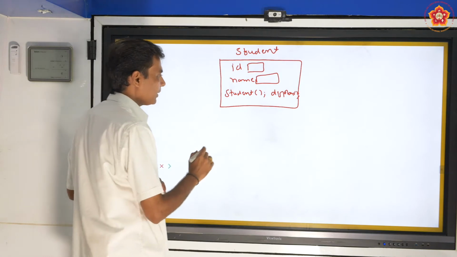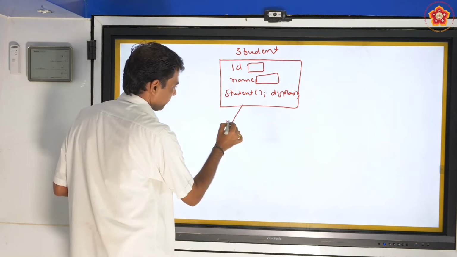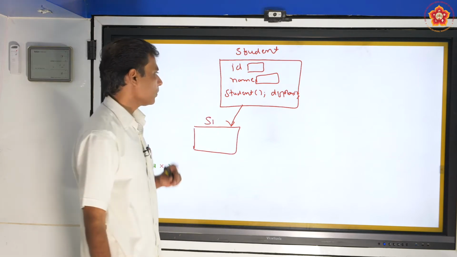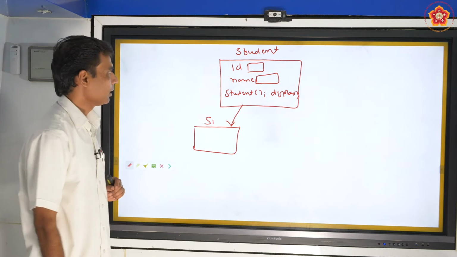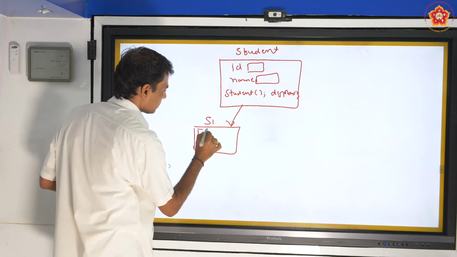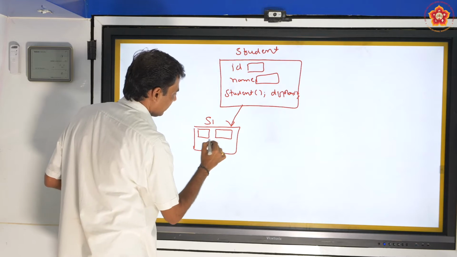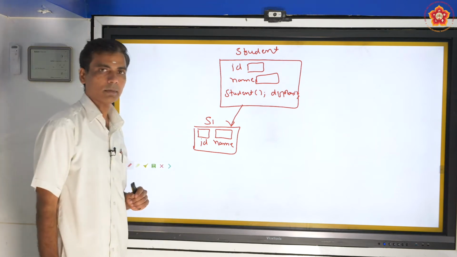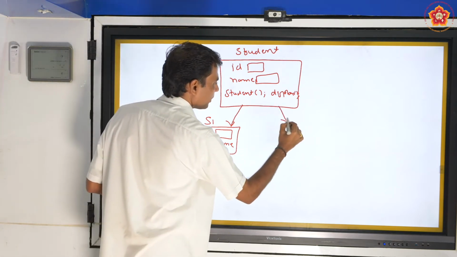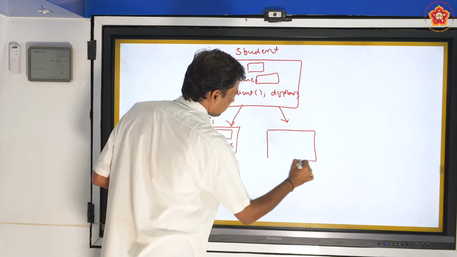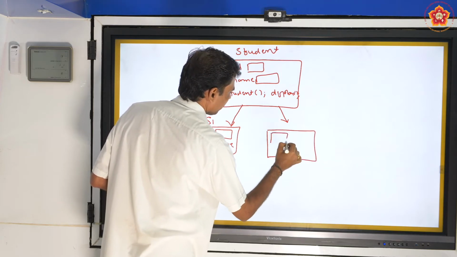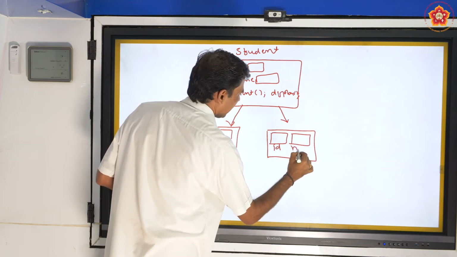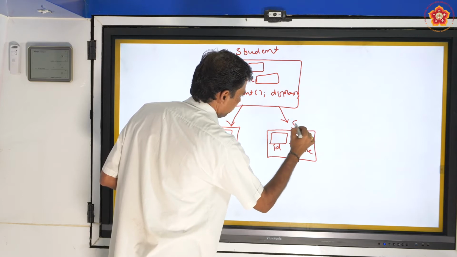So for the student class, what I have done? First of all, I have created one object s1. So what happens when you create object s1? It creates the variables ID and name for S1, and when you create S2, as we are creating an object of the same class, we are getting another copy of ID and name for S2.